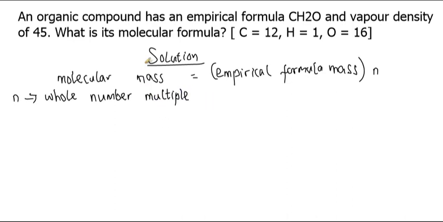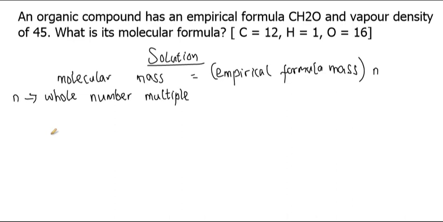The molecular mass is from the molar mass of the compound itself. The empirical formula mass will be gotten from the empirical formula, while n remains unknown. So to start with the molecular mass, from the question above, we are not given the molecular mass and we are supposed to be given. But in this case, we are only given the vapor density, which makes it easier for us to determine the molecular mass.